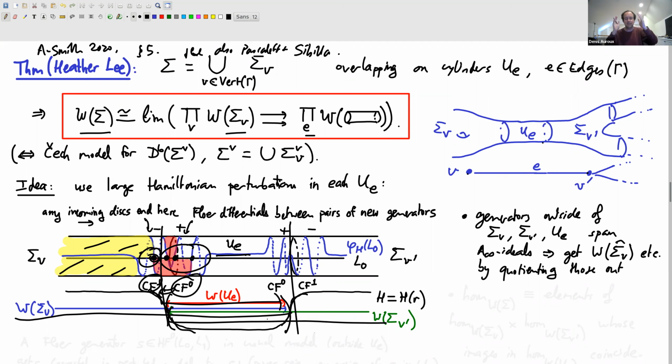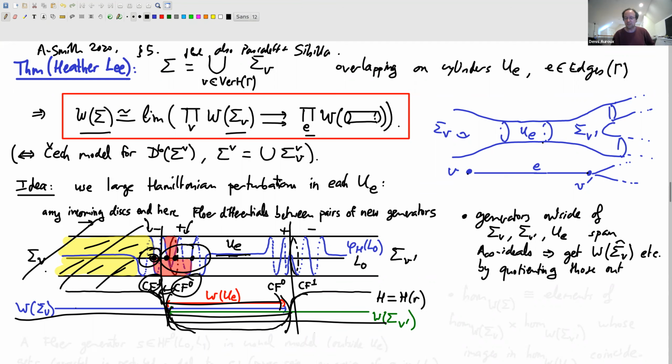And that means you see inside this perturbed version of the wrapped category of sigma, just by focusing on the geometric pieces you need, exactly on the nose chain level models for the wrapped categories of the pieces. And what is the restriction? From sigma v to u sub e, it's just forget everything that's not in u sub e.